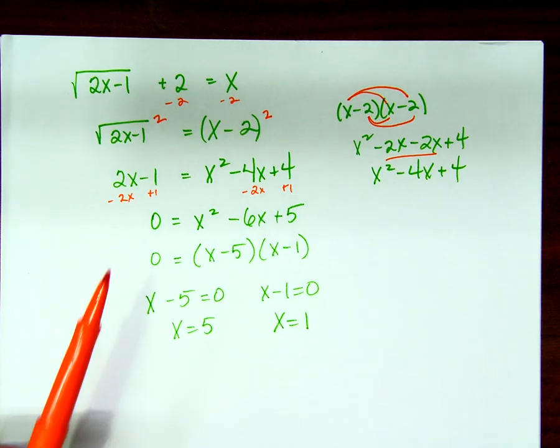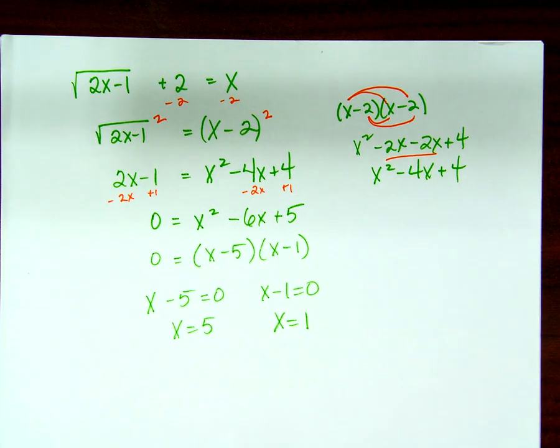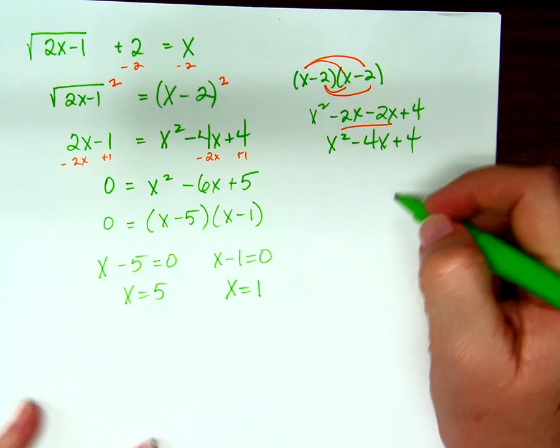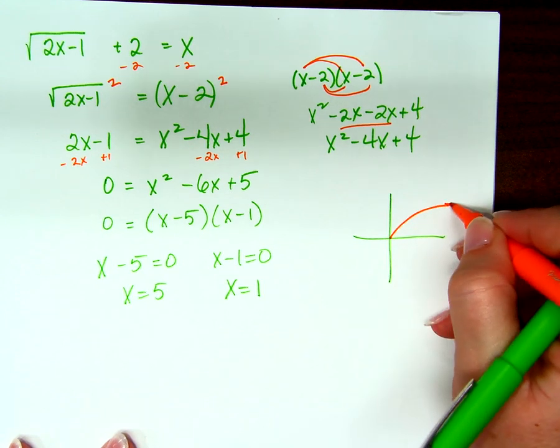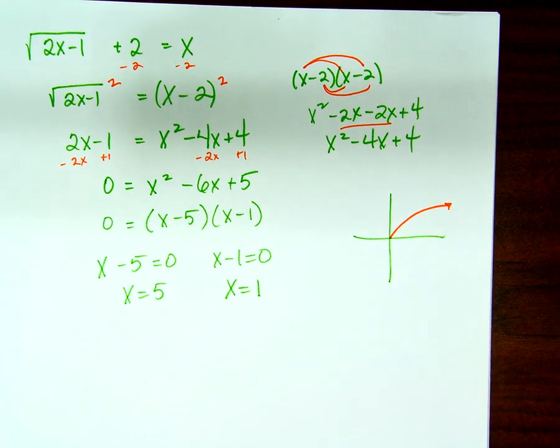Why do we have to care so much on this one? Because of the radical. Because we took the radical, a square root function, where the parent function looks like this, right? That's what the parent function of a square root looks like.